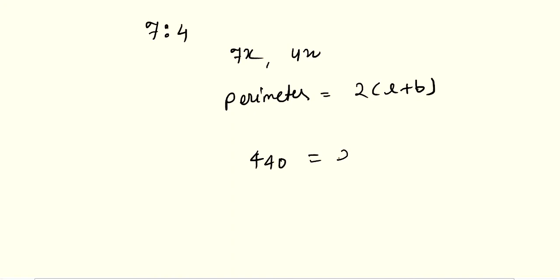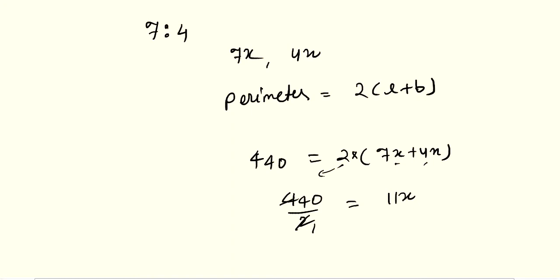So 440 equals 2 times (7x plus 4x). You can transpose this 2 to the left hand side. So 440 divided by 2 equals 7x plus 4x, which is 11x. 220 is the result, so 11x equals 220.